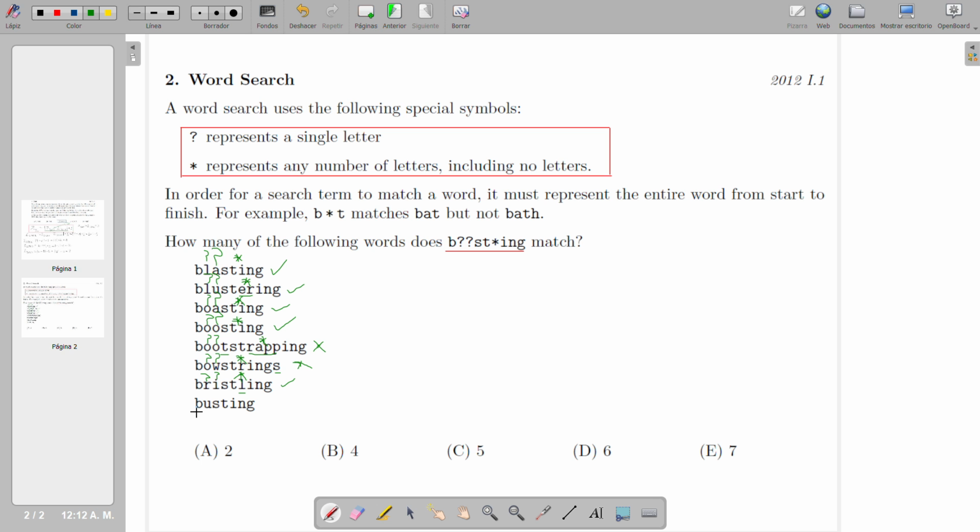And finally, we have busting. For the letters U and S, these two could be represented by a question mark each.